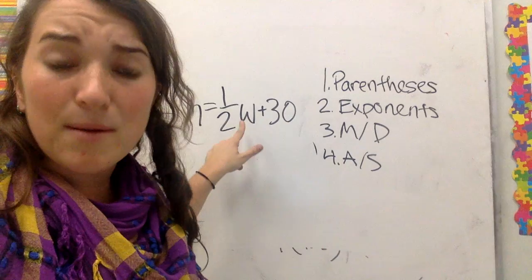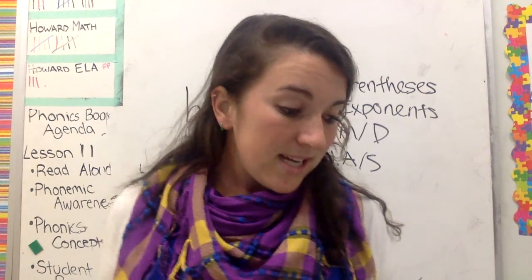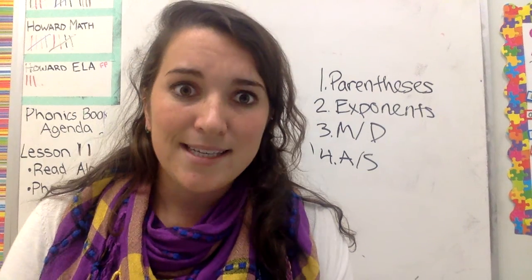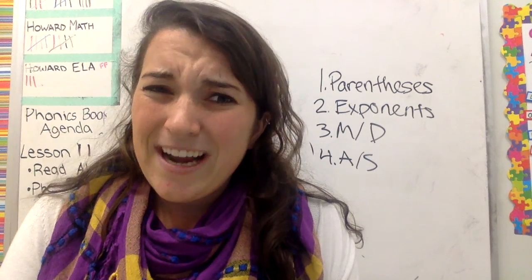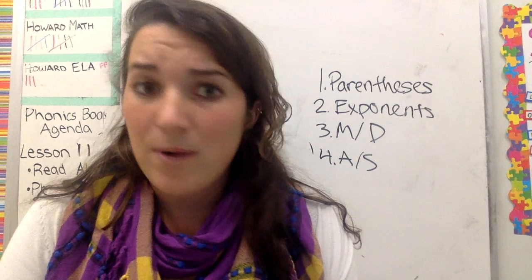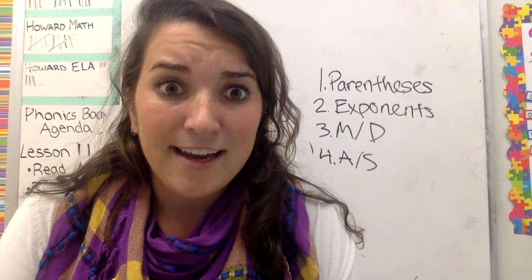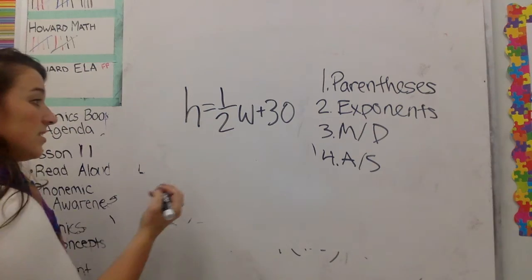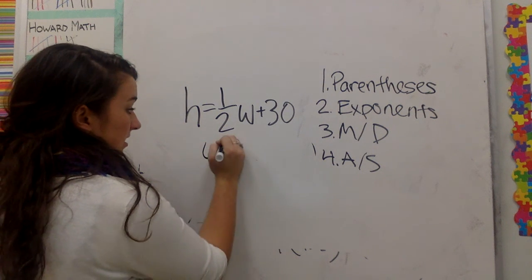This w represents wingspan. What is the average height of a person with a wingspan of 68 inches? If W represents wingspan in inches, and we know that the wingspan is 68 inches, we know what W is. W equals 68.